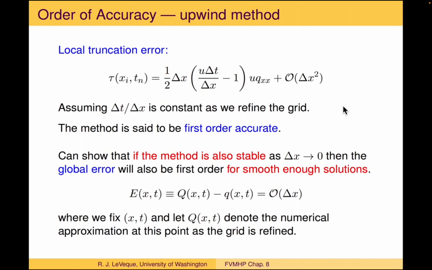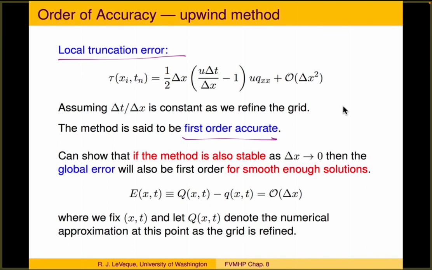But if the method has an appropriate form of stability, then as we refine the grid in space and time, the idea is that if the method is first order accurate in terms of this local truncation error that we can calculate by simply doing Taylor series expansions, then you can also show that the global error will be first order accurate, meaning that if we look at what I'll call capital E of x,t, the difference between our numerical approximation at some x,t and the true solution at that same point, as we refine the grid.